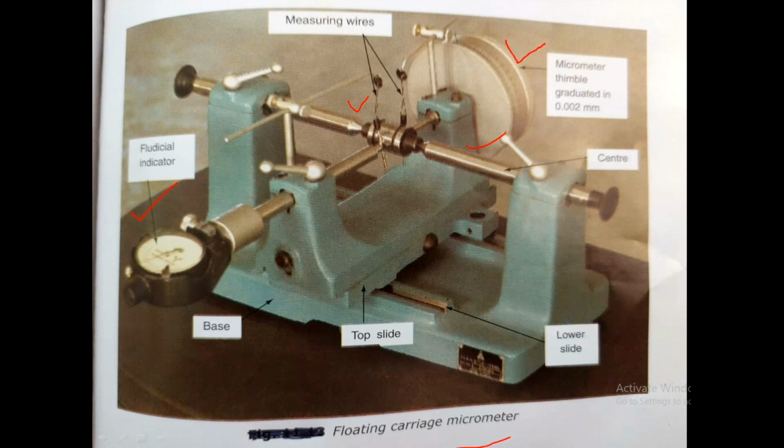This is your micrometer drum. It works on the same principle as an ordinary micrometer. Why is it called floating? Because your job is not supported on the base, it is hanging. So with the help of this micrometer, we will find the value of effective diameter.